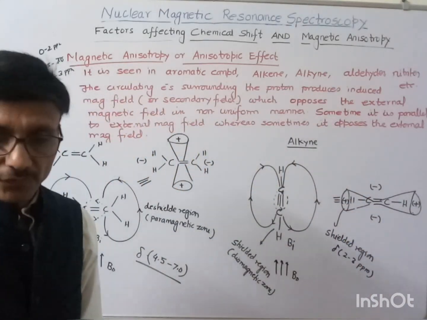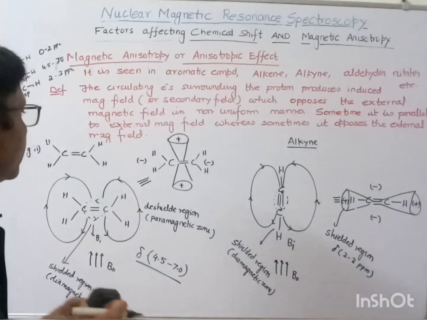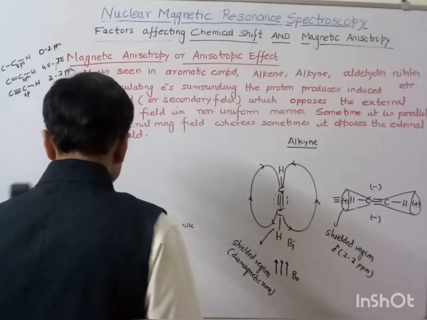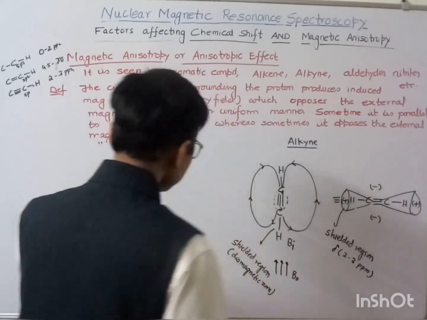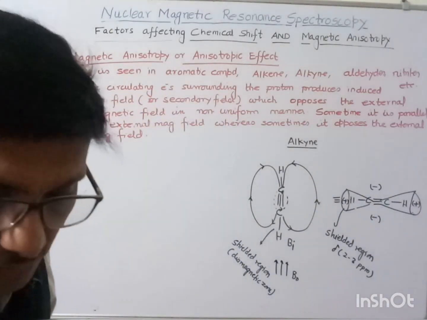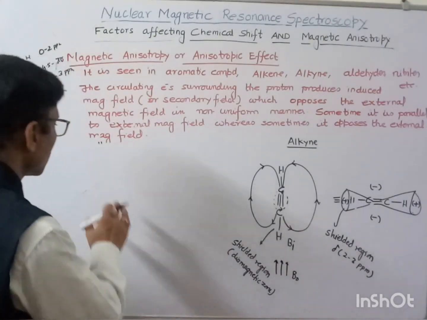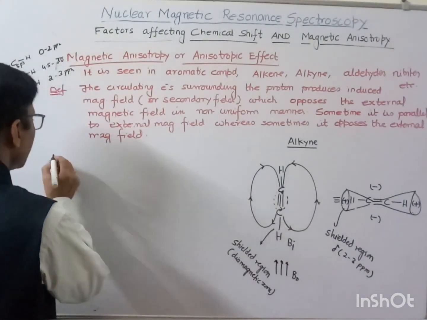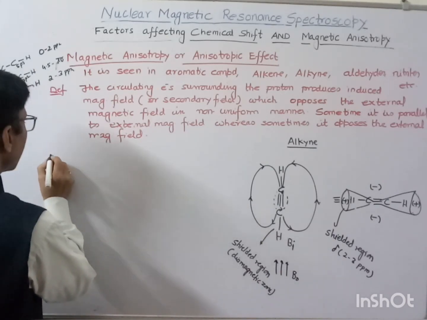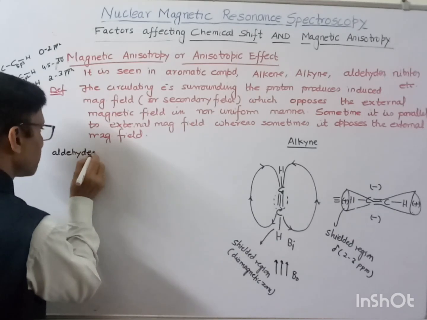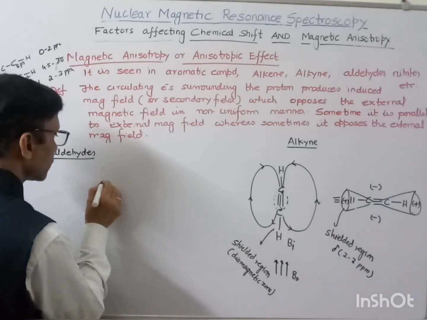Now, in the same way, if you want to show the anisotropic effect for aldehydes, where there is a non-uniform secondary magnetic field or non-uniform induced magnetic field, let's see the aldehyde.